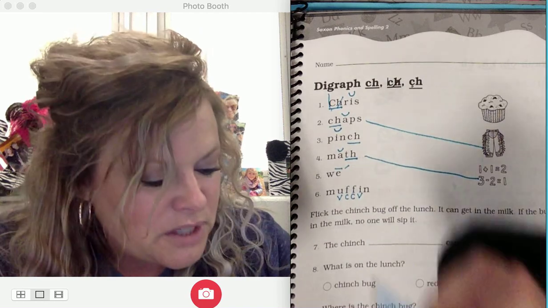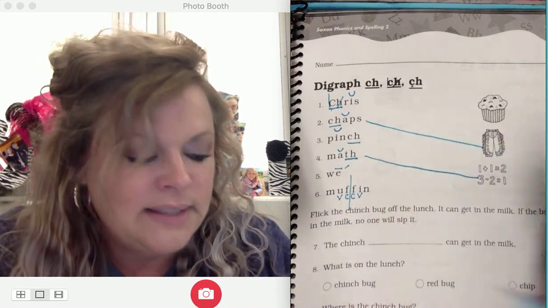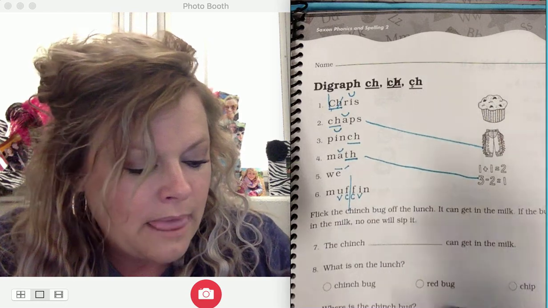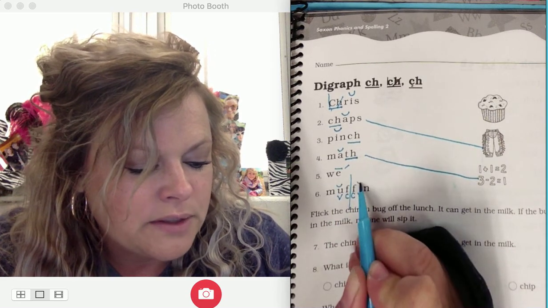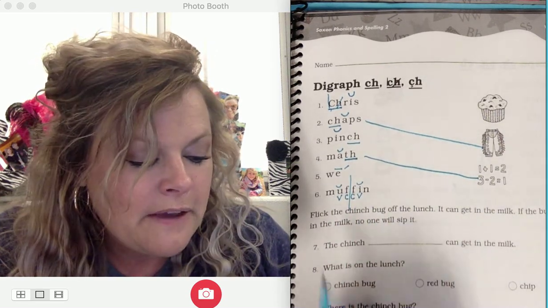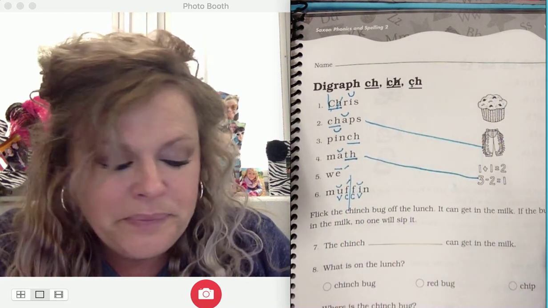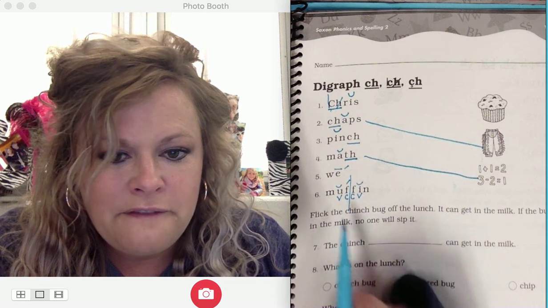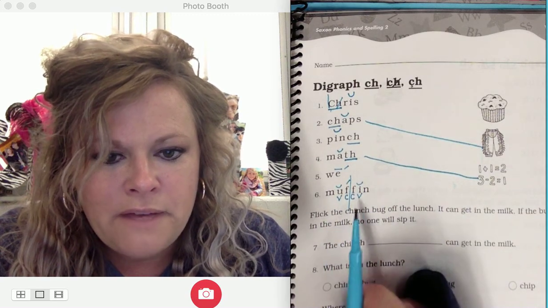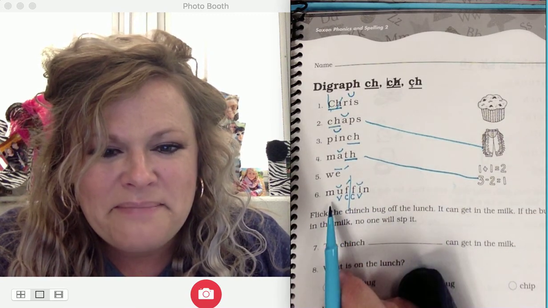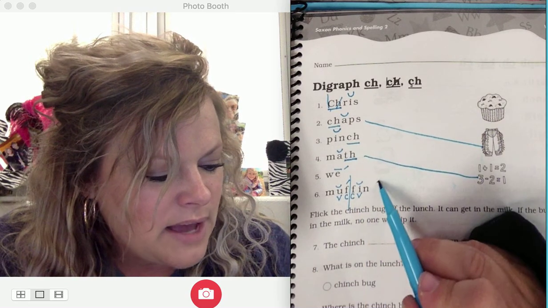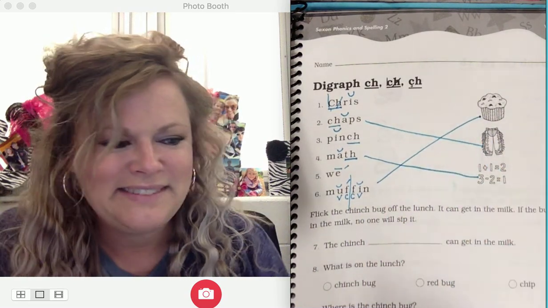I'm going to make my division line between the F's because I see the VCCV pattern. Both of my vowels are short because they're followed by consonants. My first syllable is usually accented when you have a VCCV pattern. Muff and fin. Muff, fin. Say it quickly. Muffin. A muffin is right up there. All right, friends?